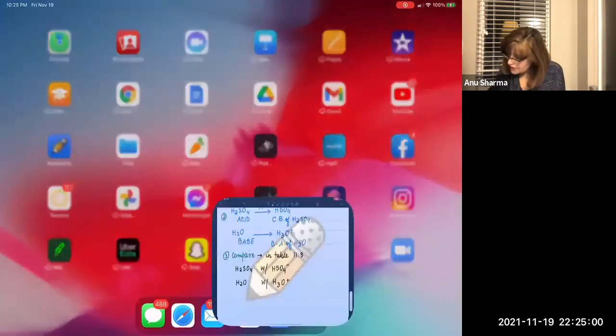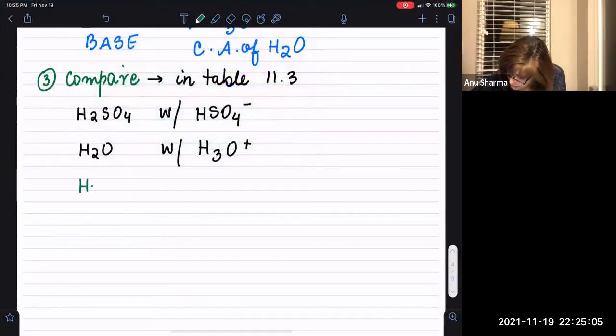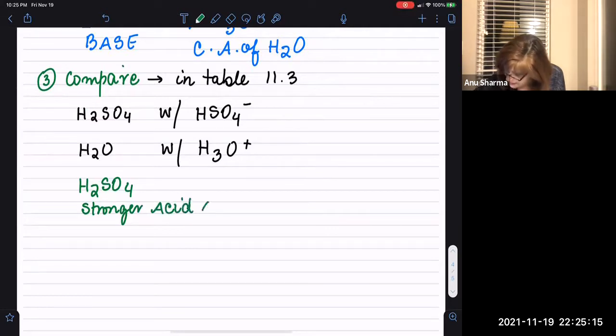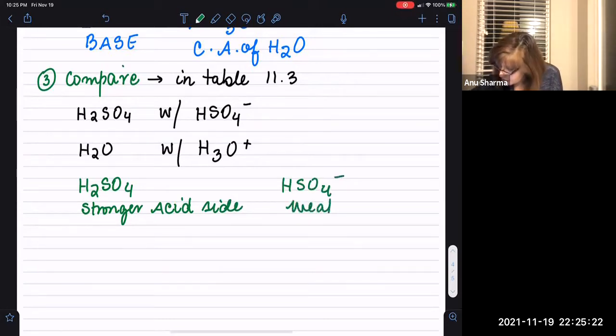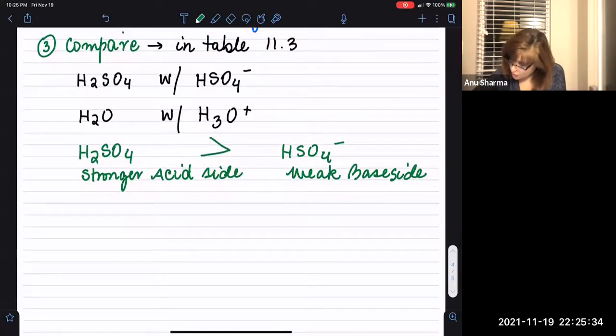So let's write this down here. H2SO4 is on the stronger acid side, and HSO4, 1 negative, is on the weak base side. So that means H2SO4 is stronger.